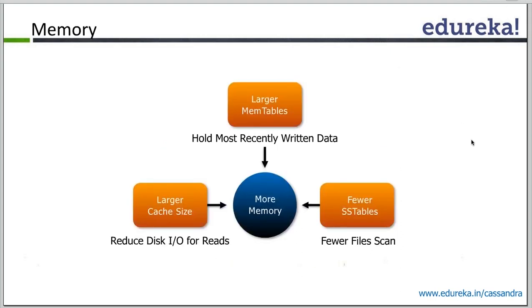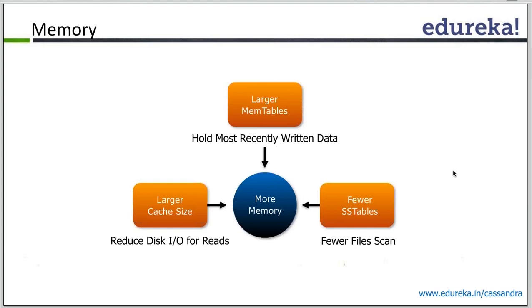As we all know, more memory naturally means larger cache size, which automatically means fewer SSTables, because you end up having bigger memtables. That means I can have a lot more data inside the memory, and I do not have to write or serialize it to a disk-based representation, which is SSTables, so it holds more recently written data.